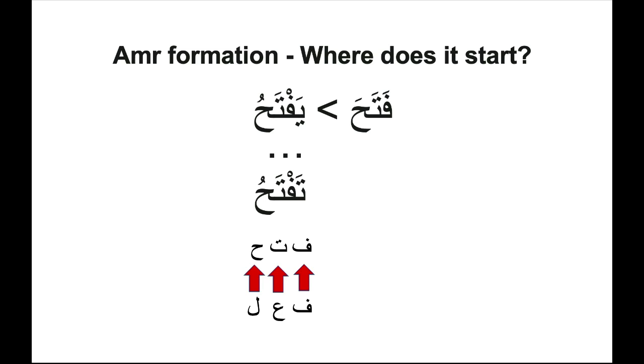If the verb is qatala, qa is fa kalima, ta is ain kalima, la is lam kalima. If the verb is ja'ala, then ja is fa kalima, a is ain kalima, la is lam kalima. If it is sami'a, then sa is fa kalima, mim is ain kalima, ain is lam kalima. So I hope you get the understanding.